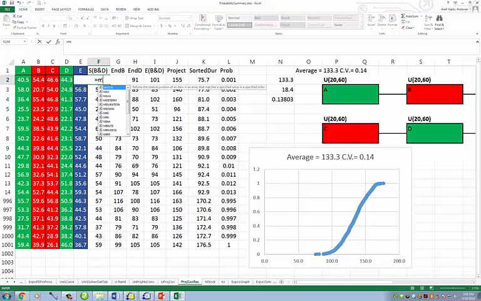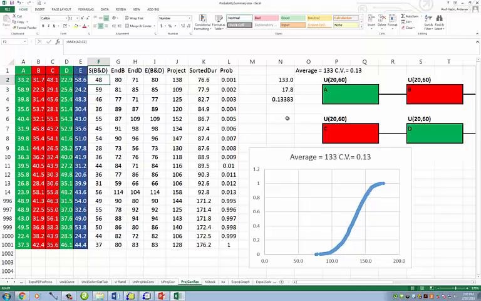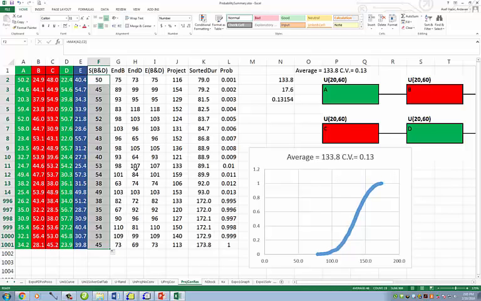It's equal to the maximum duration of A and C. Therefore, if you want to know when A and C are both completed, in one instance it would be day 48, and we copy it down to get other instances.